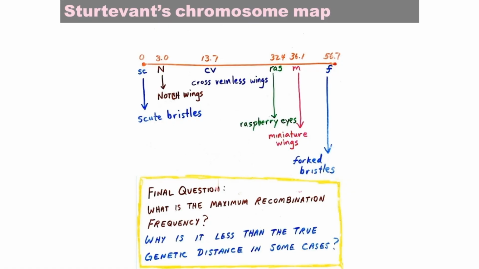But what's the maximum going to be? And why might the maximum distance be less than the actual genetic distance? We see forked bristles is 56.7 map units away from scoot bristles. That's actually going to be a larger physical difference than the recombination frequency. So think about why that would be.